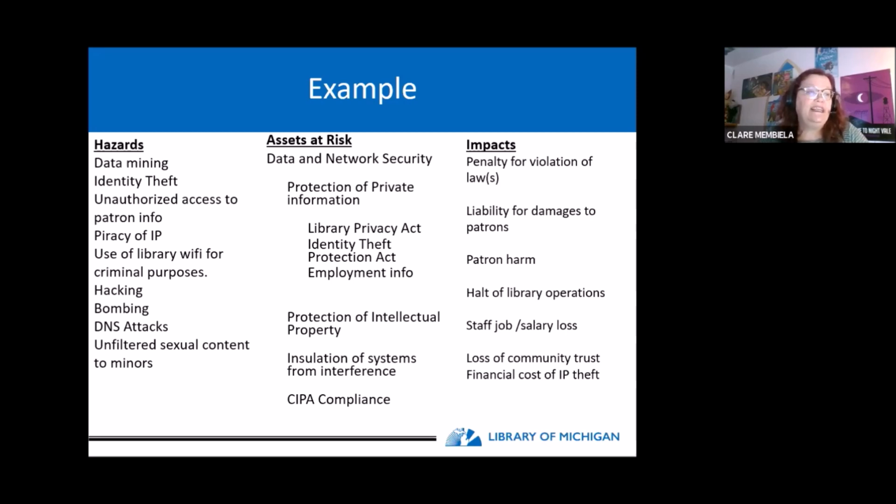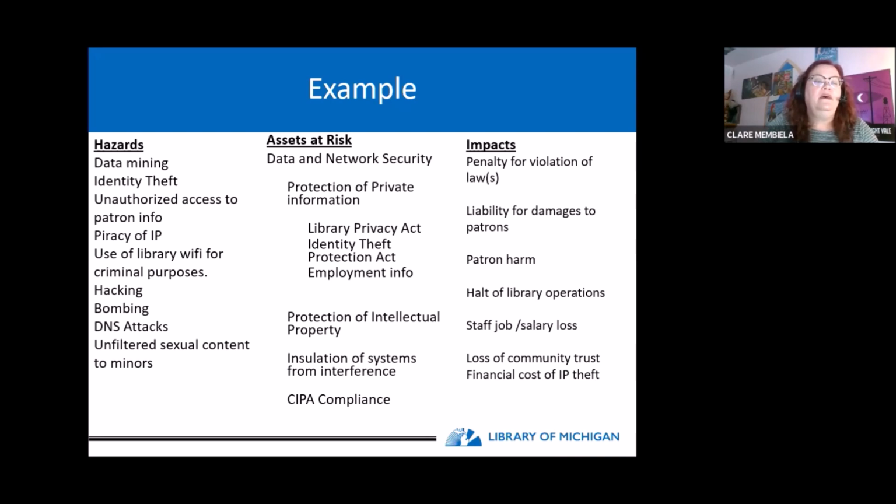You have identity theft. You have unauthorized access to patron information. That could be someone who has no business going into the system to see who checked out what, or someone looking at hold slips that maybe they shouldn't.